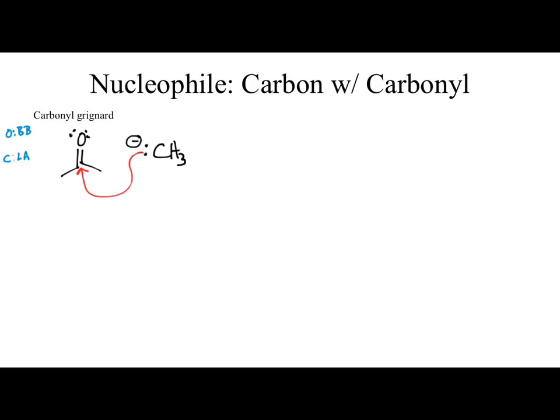Too many. So do I have a weak polar bond? Pi bond's the easiest bond to move, so we will shuttle those electrons up to that oxygen. Okay? At that point, I haven't broken any octet rules. Nothing's completely unsatisfied. We can now go through and see what our product is. Let's go ahead and call this red.